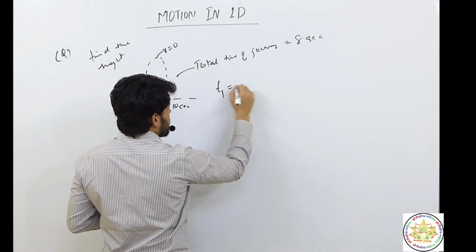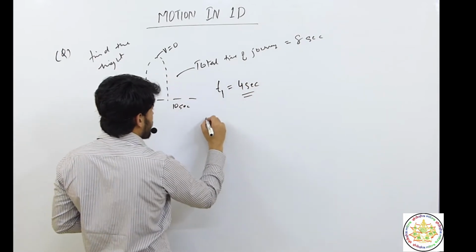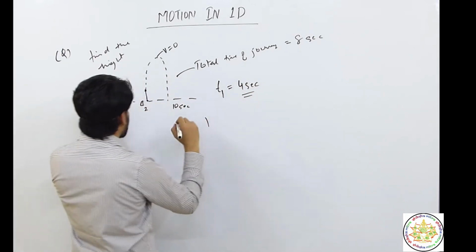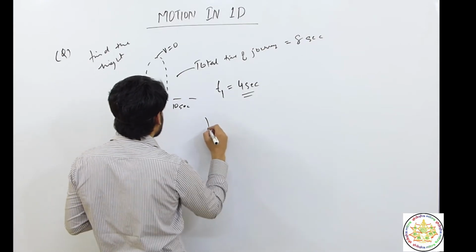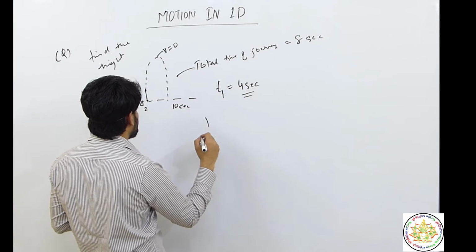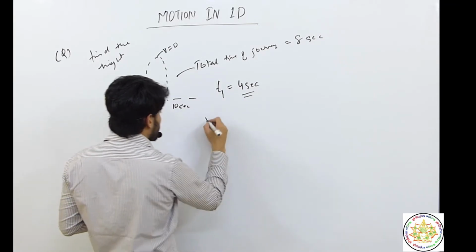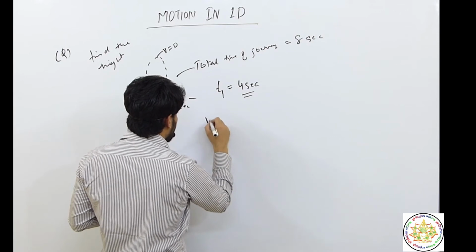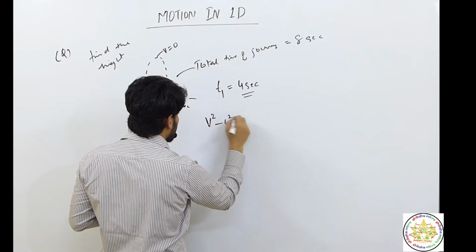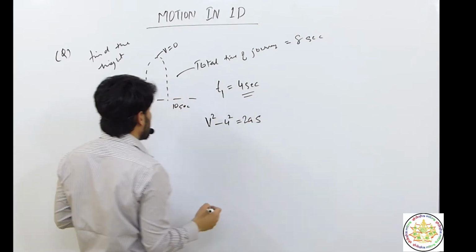So t1 is 4 seconds only. We will use the first equation of motion to calculate the height. Also we can use the third equation of motion, v squared minus u squared equals 2as.